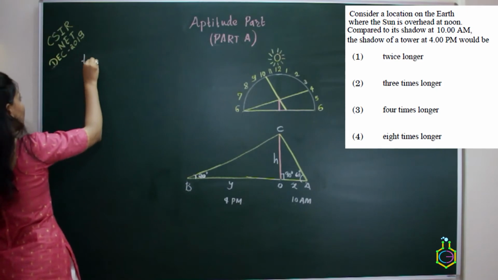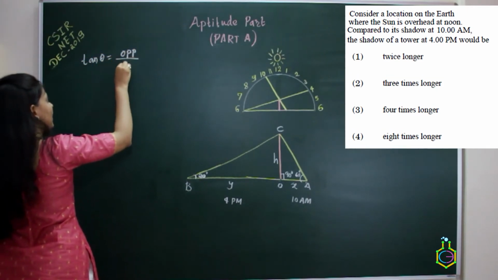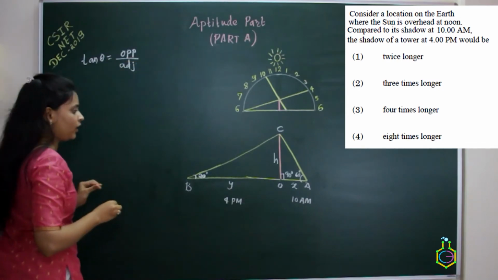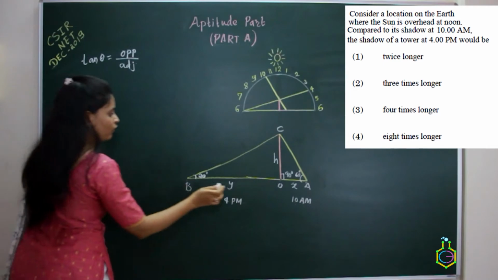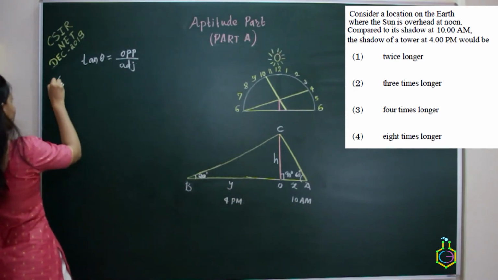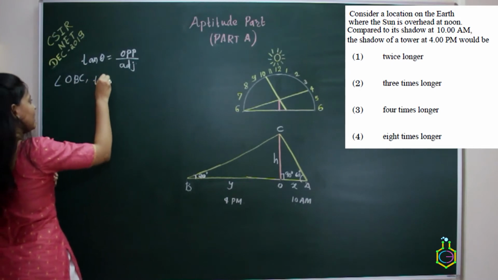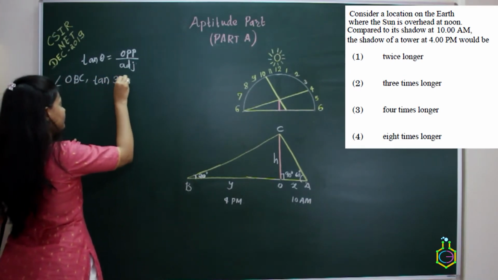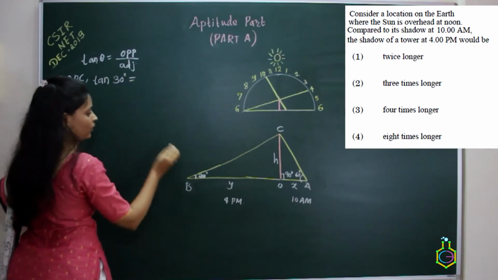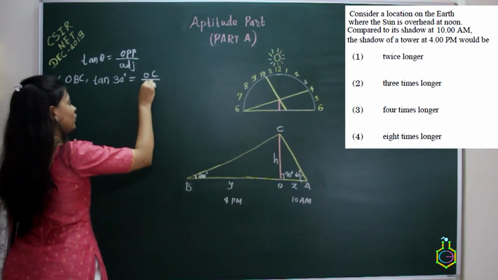From the angle, tan theta, we know that it is the opposite side divided by the adjacent side. So let's find out the tan theta value for OBC. Considering angle OBC, the angle made by this is 30 degrees, equal to the opposite side, which is OC, upon OB.